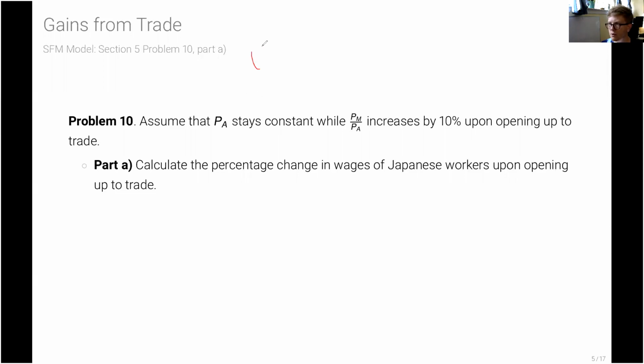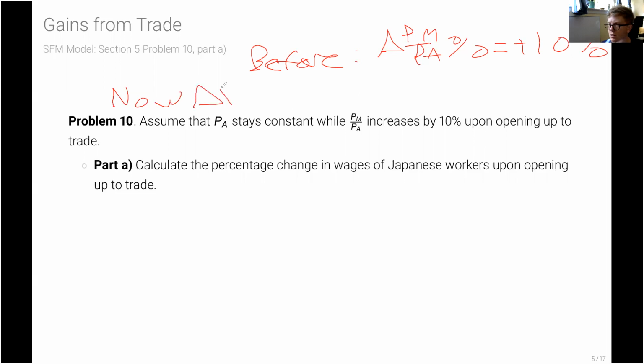So before, all we knew was that PM over PA just increases by 10%. Now we're going to assume that PA stays constant, or the percentage change in PA is just equal to 0%.